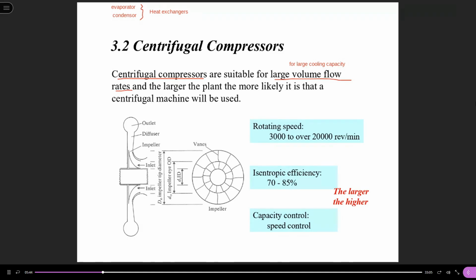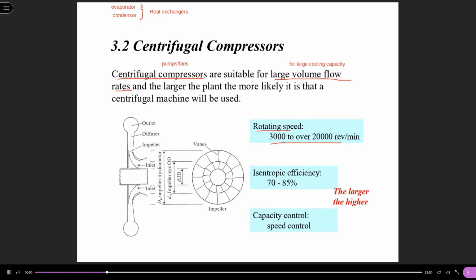Okay, for the centrifugal compressors, we can see it's much faster. That's the reason why it's suitable for large volume flow rates. So this is a large volume flow rate of refrigerants. We can say its rotating speed is much larger.